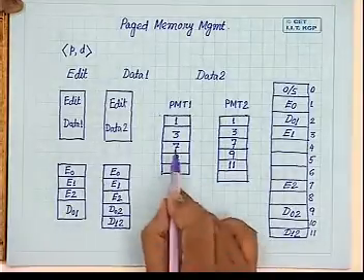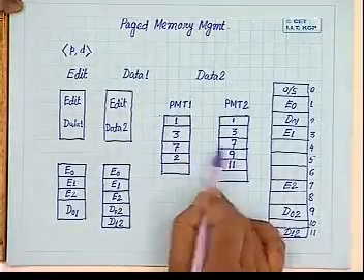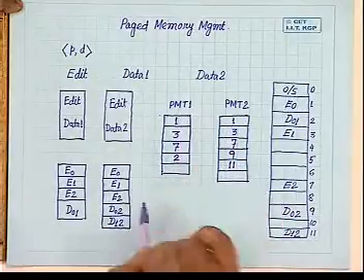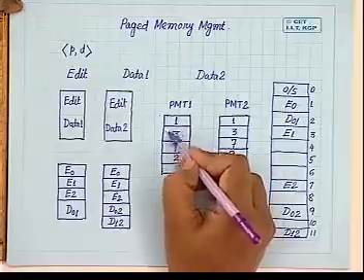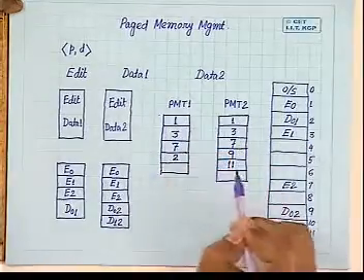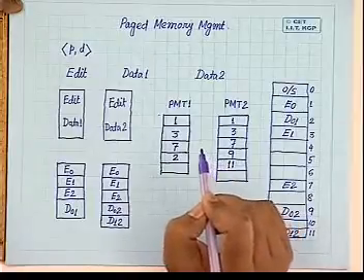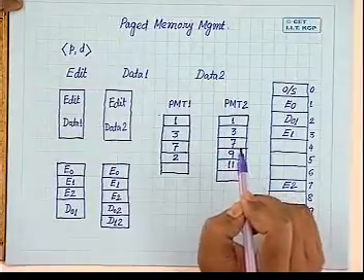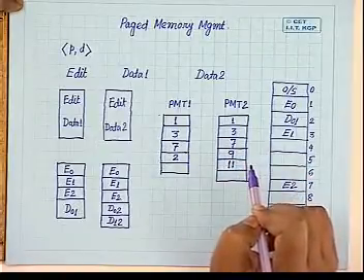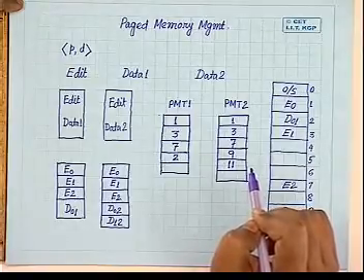So if I have these types of page map tables for 2 user programs, user program 1 and user program 2, you find that the first 3 pages are actually shared by both. Now, what restriction do we have if we want to allow such sharing of code? The code should be reentrant, that means it should not be self-modifying.